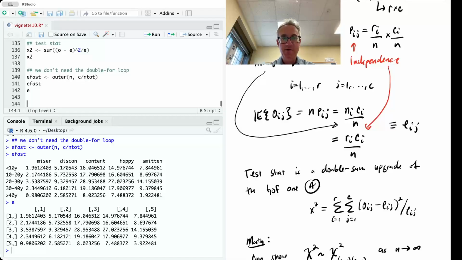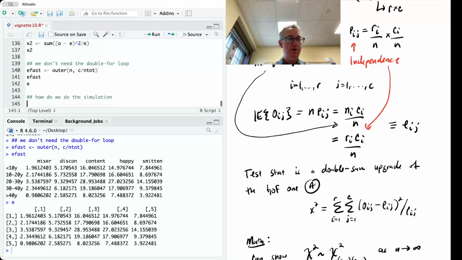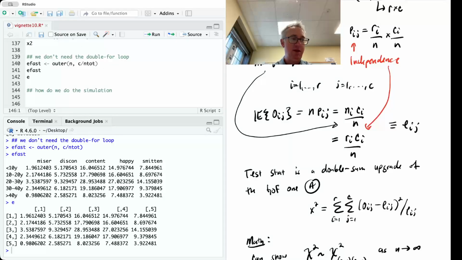Okay, how do we do the simulation? I want you to always take baby steps, right? I'm going to have to take some sample of rows. I'm thinking about this sample: I'm going to do a total of n tot samples.